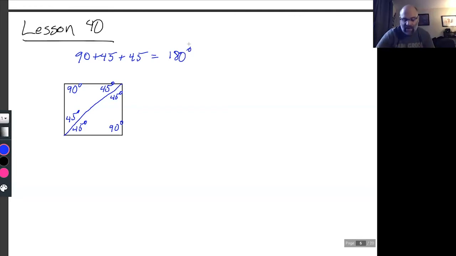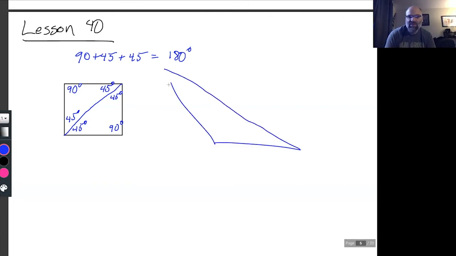Well, guess what? Every time you add up angles in a triangle, you will always get 180 degrees. Isn't that crazy? No matter what triangle you're talking about, even if it's something that looks like this. See this crazy obtuse triangle here? Like if this was 120 degrees, maybe this was 30, or maybe that was like 20 degrees here, 20 degrees there.